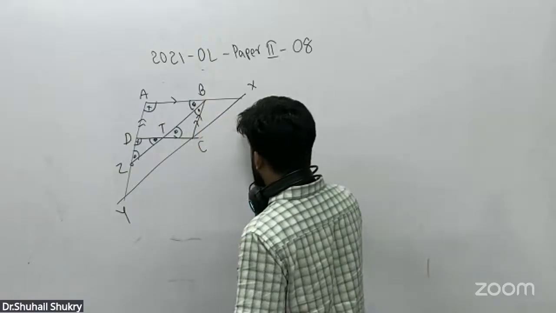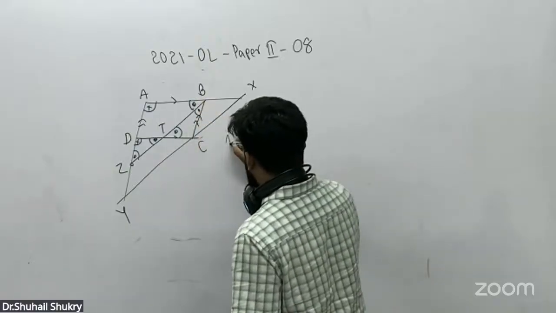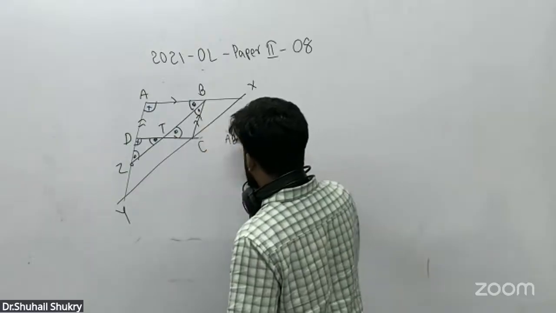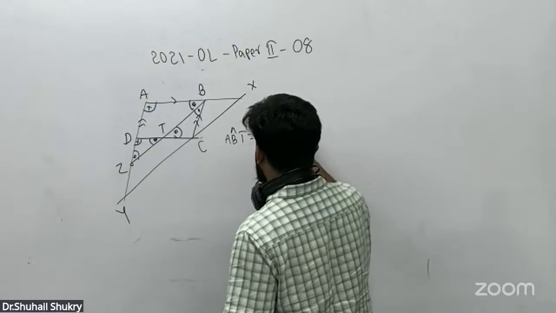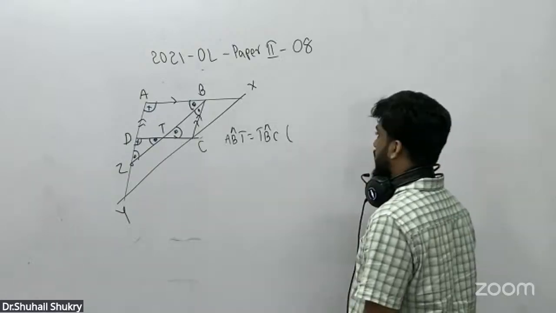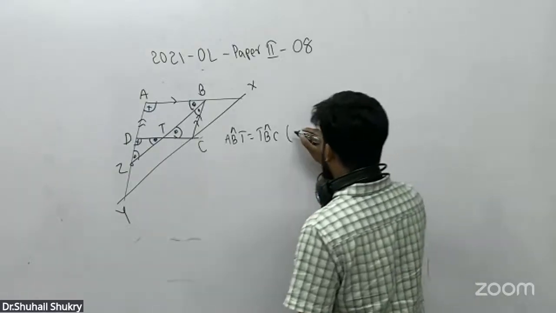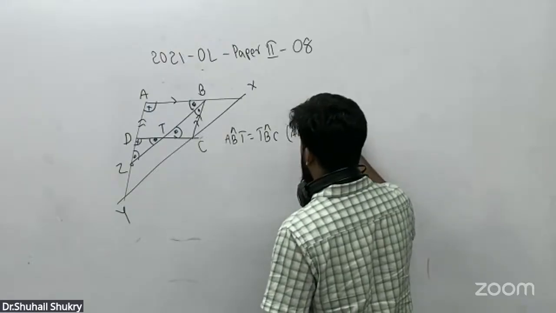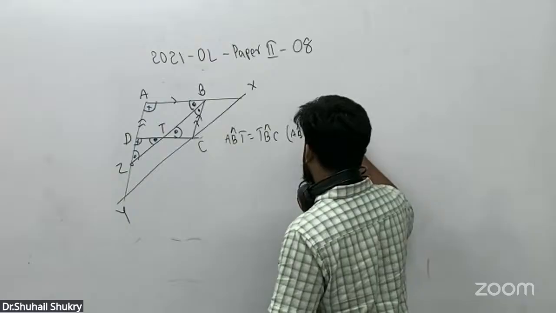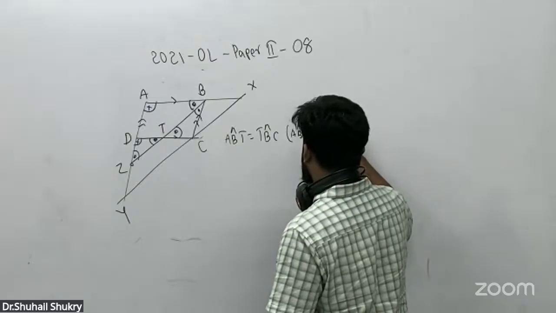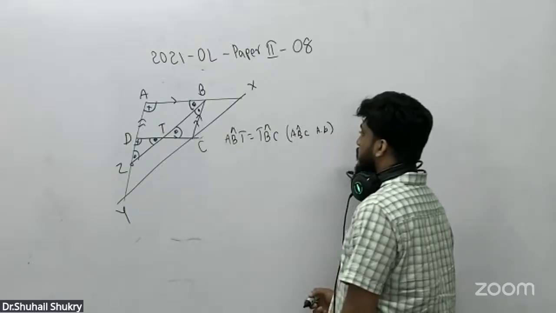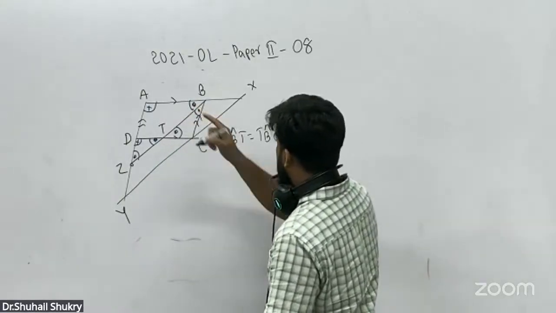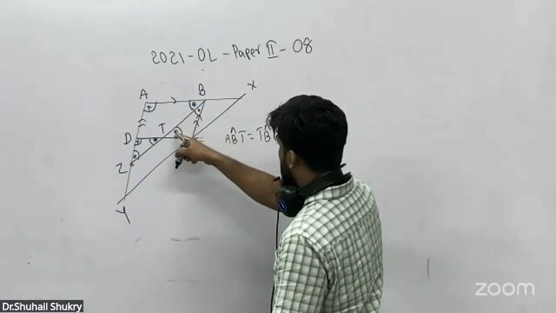So first of all, I can tell this ABT. This is the way you should write. ABT is equal to TBC. What should I write there? Given, right? You can write ABC angle bisector. After that you said this angle is equal to this angle.